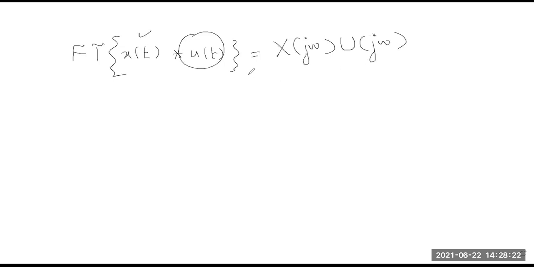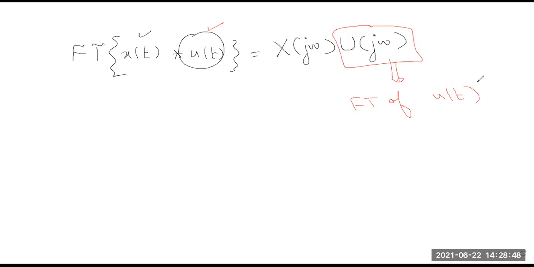Now, what we need to know is what U is equal to, which is the Fourier transform of the unit step. What is U? It is the Fourier transform of u of t. I'm not going to go into the details of the derivation of this.